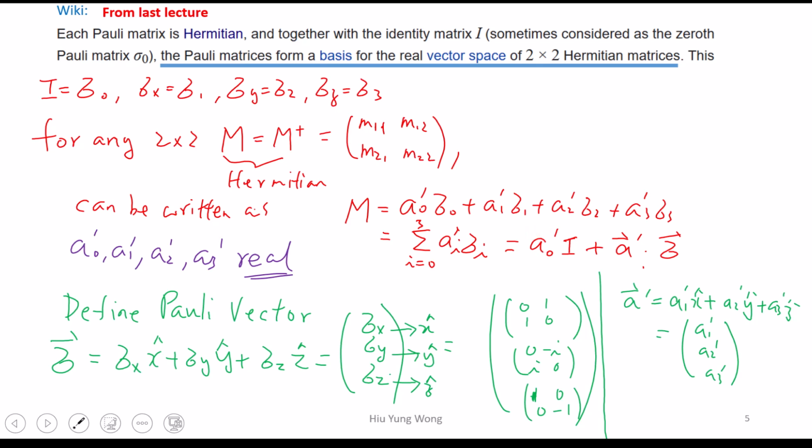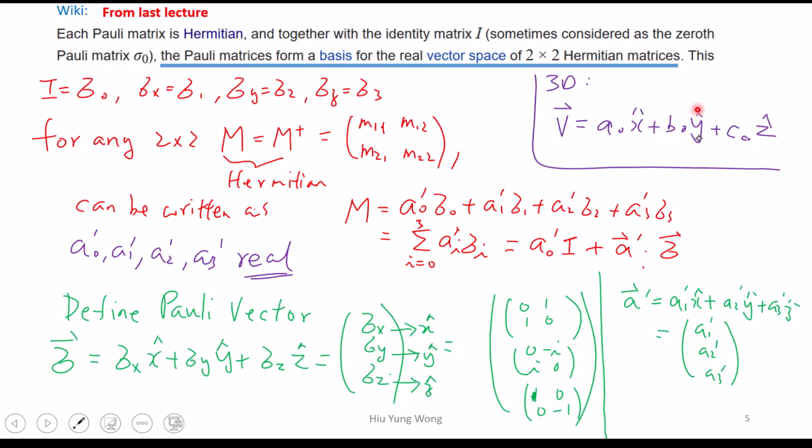Just like you know that any vector in 3D space, you give me a vector, it is a linear combination of A0 x hat plus B0 y hat plus C0 z hat.